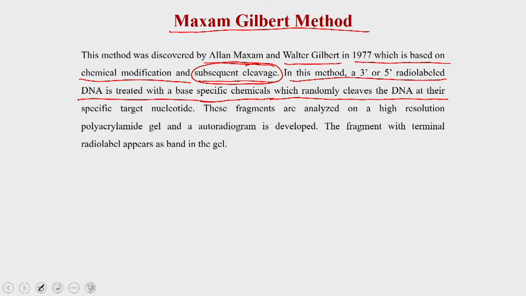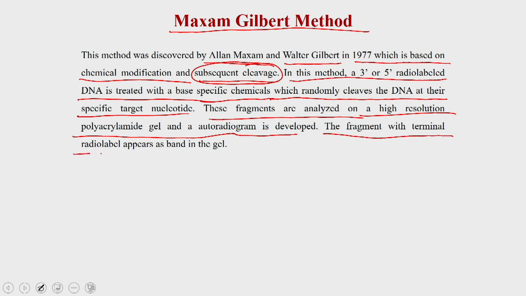Then you add the cleavage reaction, which cleaves the DNA at random places. These fragments are then analyzed on a high resolution polyacrylamide gel, and subsequently you develop them as an autoradiograph. The fragments with the terminal radiolabel appear as bands in the gel.